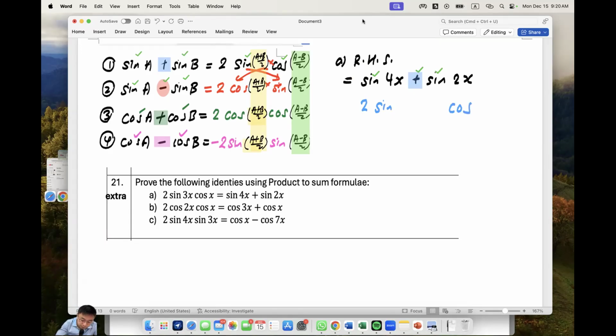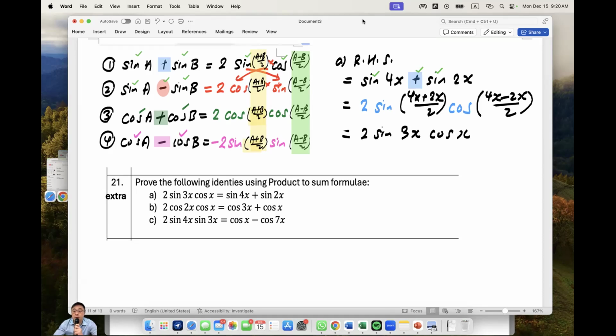And then we add up the angles, 4x plus 2x divided by 2, while the other one is the difference over 2. Okay, so we get 2 sine 3x and cosine x for the answer.